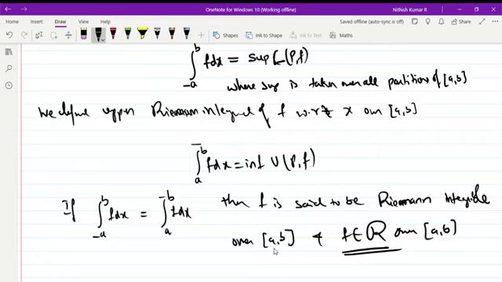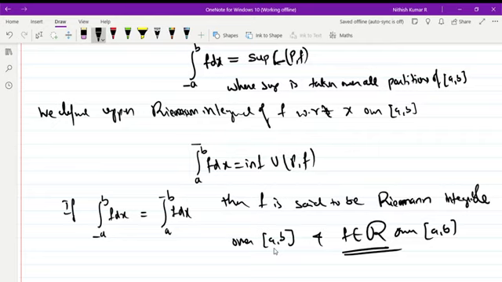Okay, now let's move forward. The common value of these two, that is, lower Riemann integral is equal to upper Riemann integral.